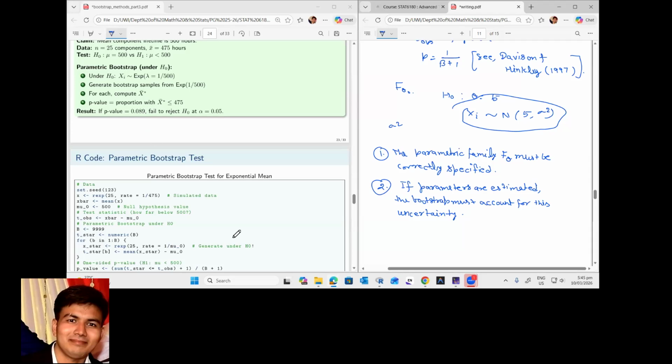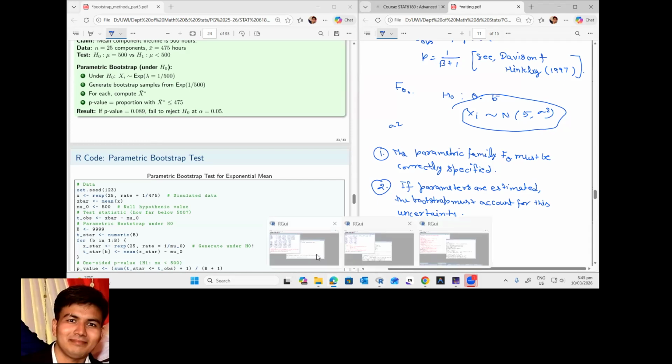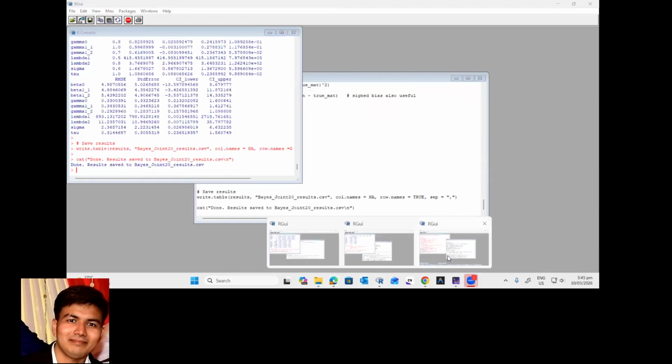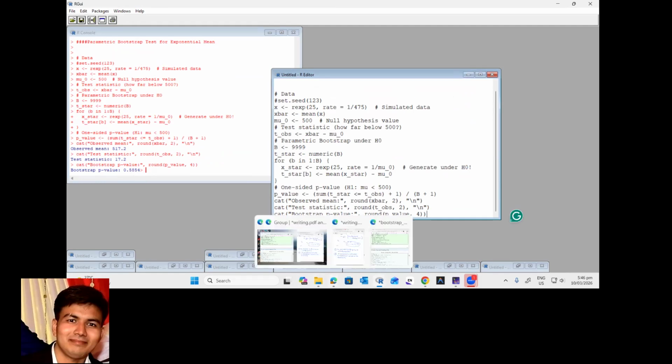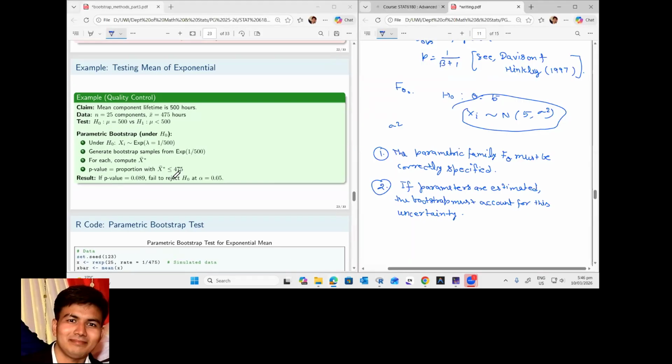It means that we are going to accept the null hypothesis at alpha equals 0.05 because the p-value is 0.5854, which is greater than 0.05. So we are going to accept the null hypothesis that mu equals 500.